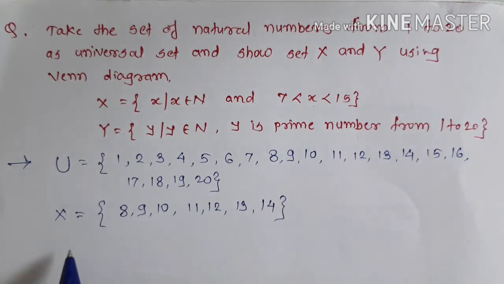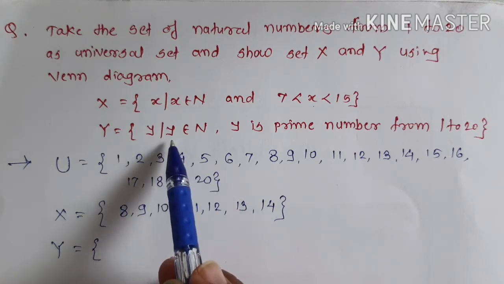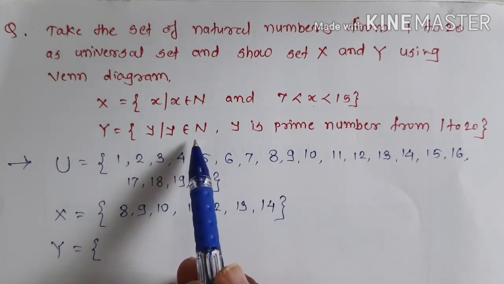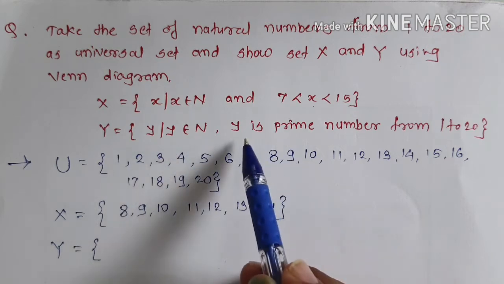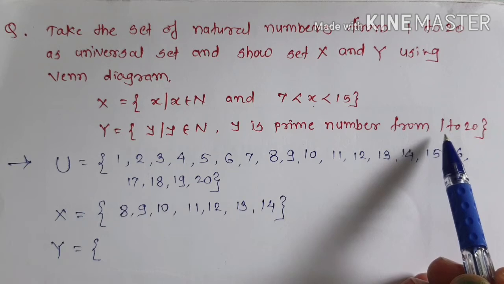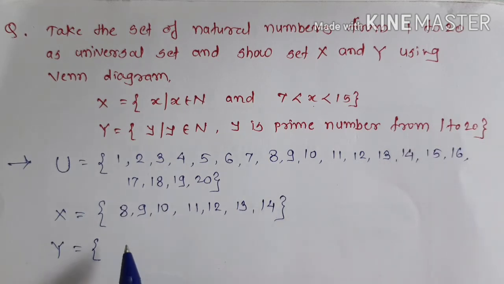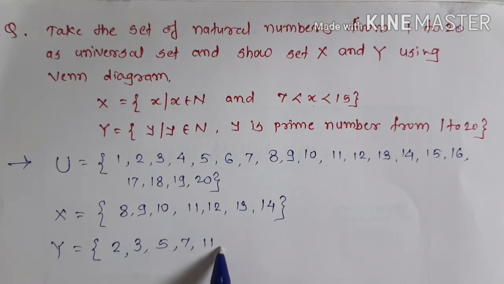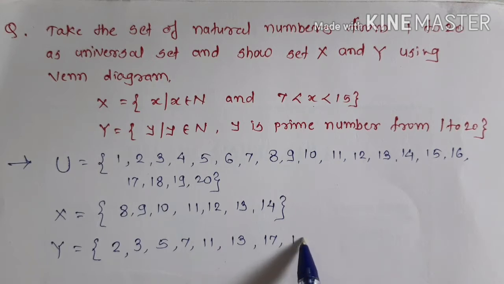So this is the set X, and set Y is equal to, here the property is given that Y belongs to N, that is again we want natural numbers, and Y is a prime number from 1 to 20. So all the prime numbers between 1 and 20 we have to collect in set Y. So the first prime number is 2, then 3, next 5, 7, 11, 13, 17 and 19.